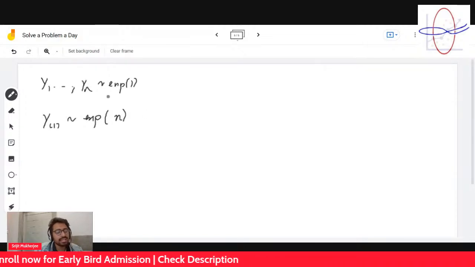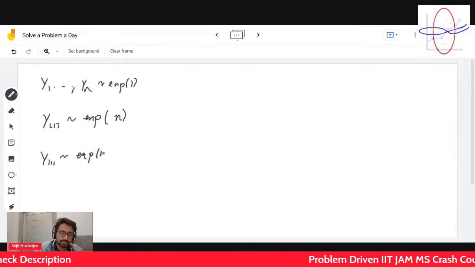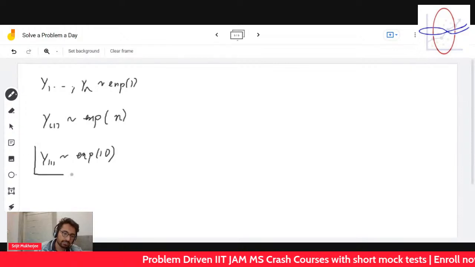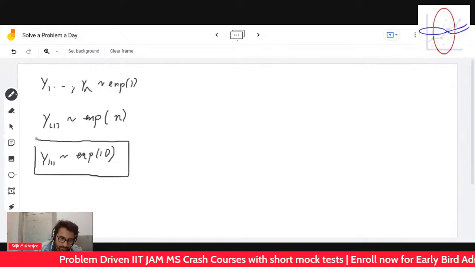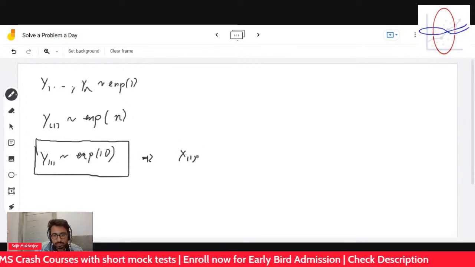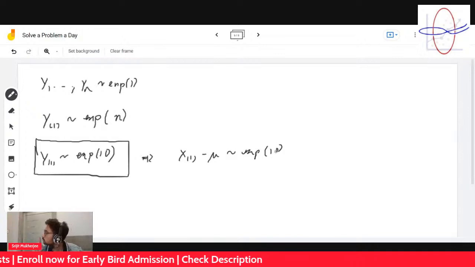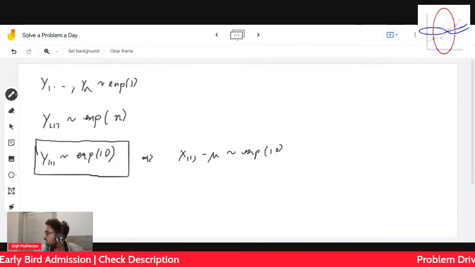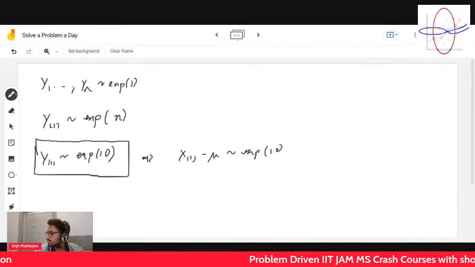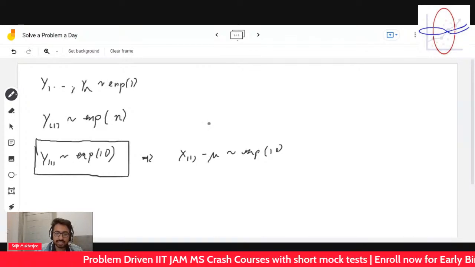And therefore here n is equal to 10, so y1 follows exponential 10. The sample size is n. So x minimum minus mu follows exponential 10.